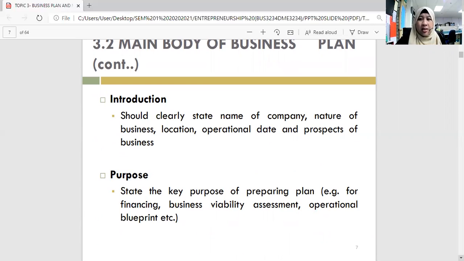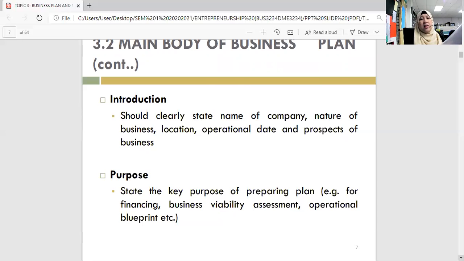As you can see from here, the introduction should clearly state the name of the company and nature of business, location, operational date, and prospect of the business. For example, the business plan that I have with me right now is for the company named Likoma Cafe.